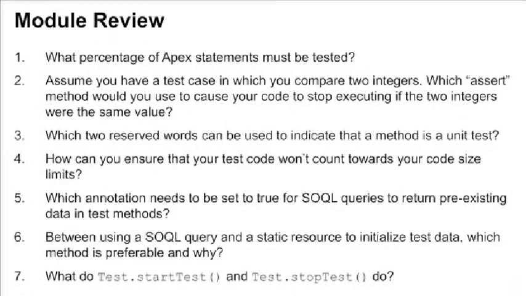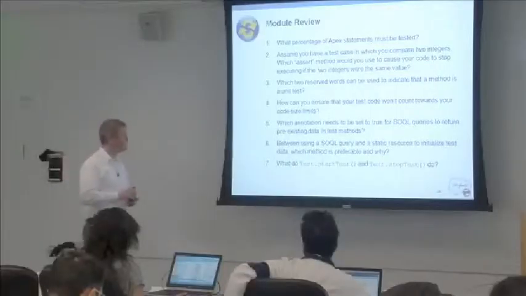SeeAllData, exactly. So between using a SOQL query and a static resource to initialize test data, which method is preferable and why? Specify mock data and using Apex statements. Exactly, yeah. So utilize the mock data, and the reason is that we create universal tests that will be more consistent. Okay.